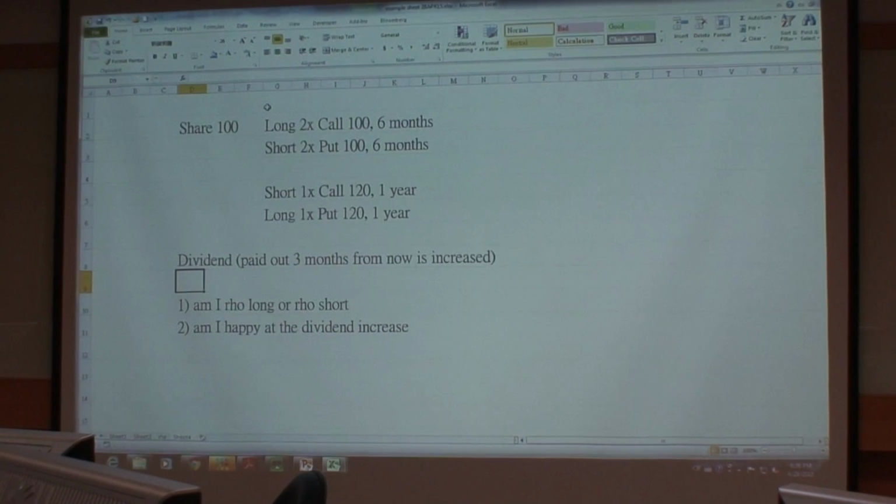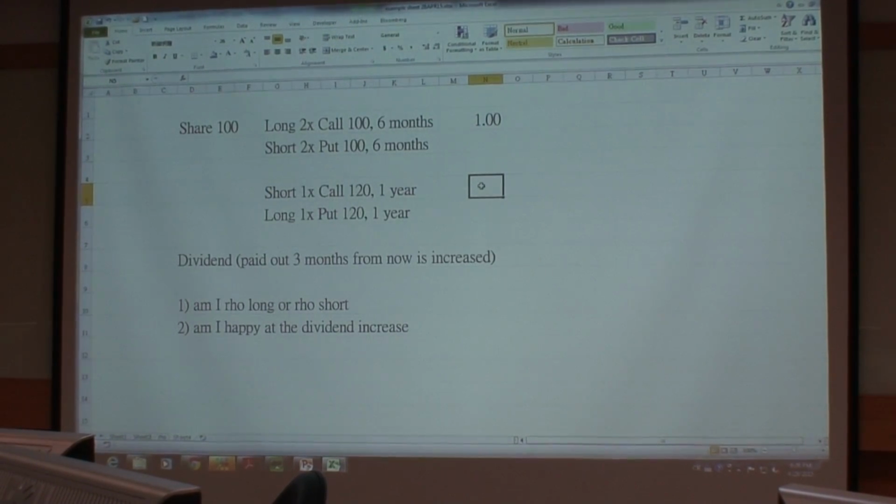Buying the call, selling the put means long rho. So if I own 1, my rho is 50 cents. So if I own 2, my rho here is actually 2 times 0.5 times 1% times 100. So the rho of the top side is 1 long. A 1 year 120 conversion.